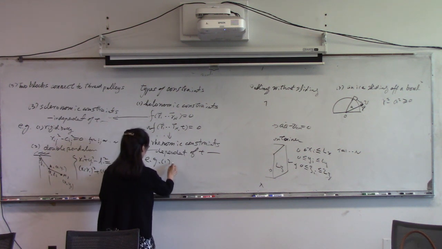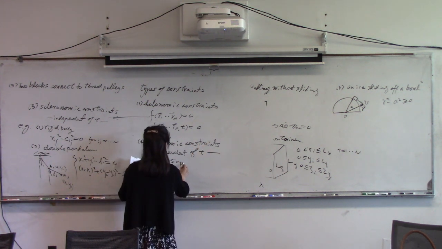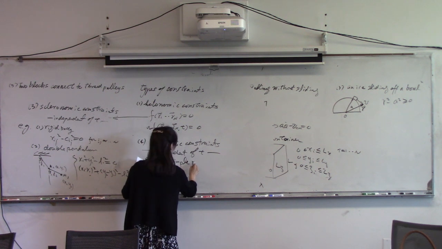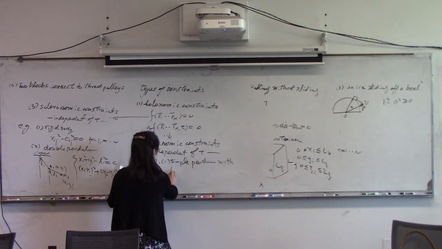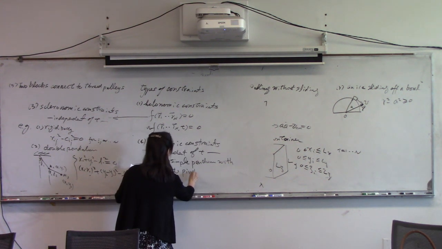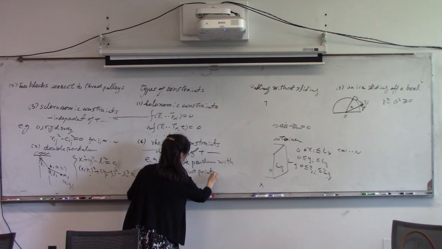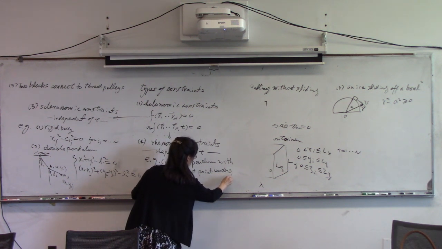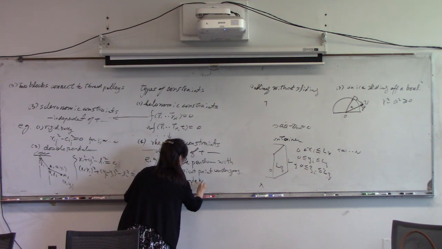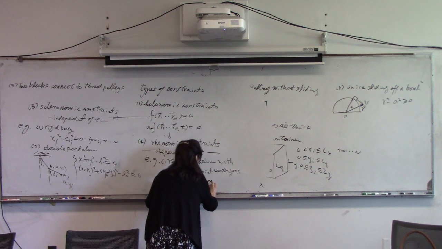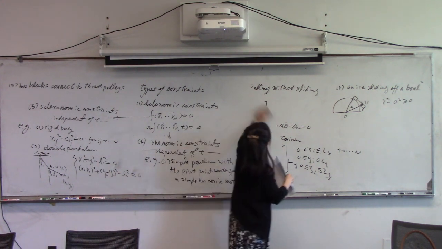One is that we still consider a simple pendulum, but now the joint also moves, not fixed. A simple pendulum with the pivot point moving in simple harmonic motion.